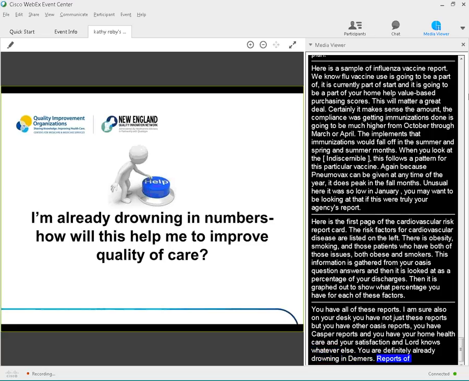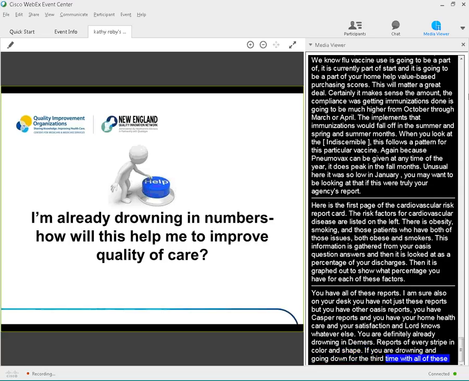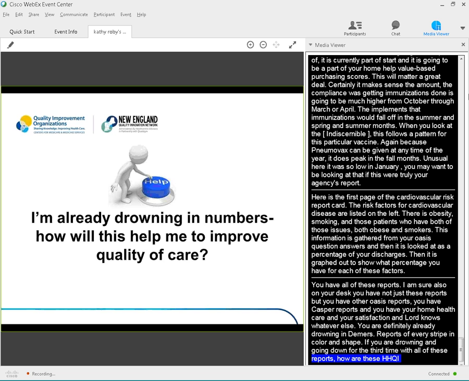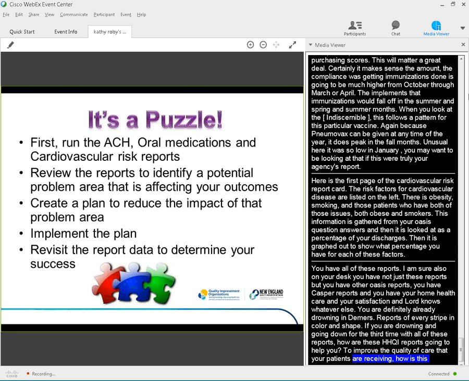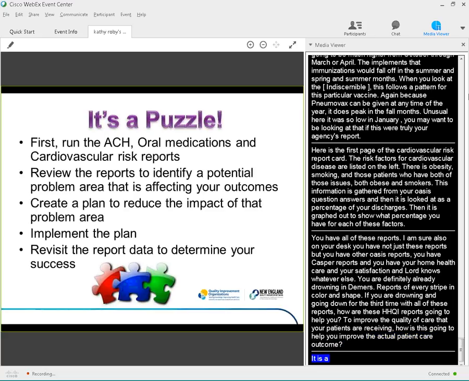And if you're drowning and going down for the third time with all these reports, how are these HHQI reports going to help you to improve the quality of care that your patients are receiving? How is this going to help you to improve the actual patient care outcomes? It's a puzzle, and we're going to figure out how to solve this puzzle using these reports.